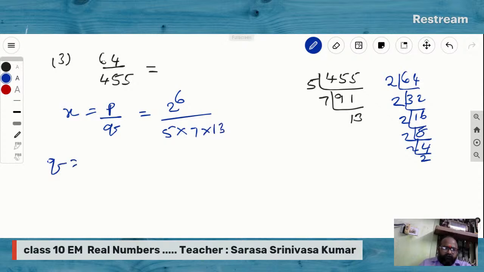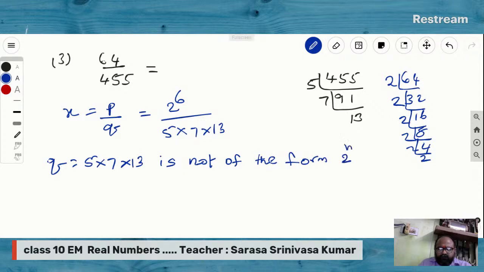Q equal to 5 multiplied by 7 multiplied by 13 is not of the form 2 power n, 5 power m.